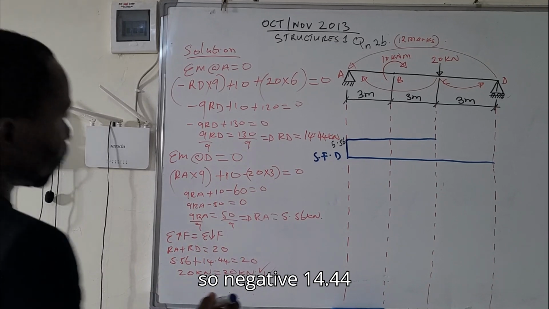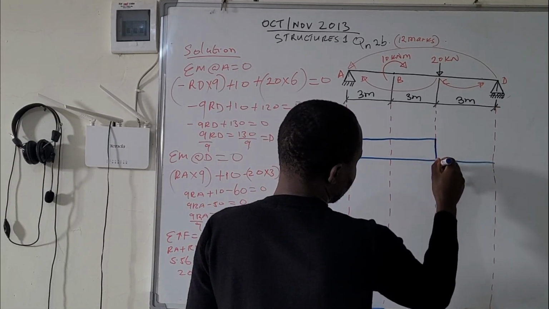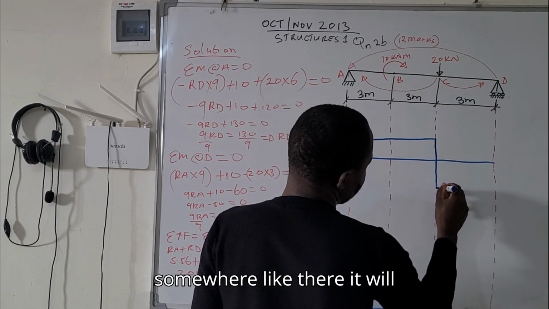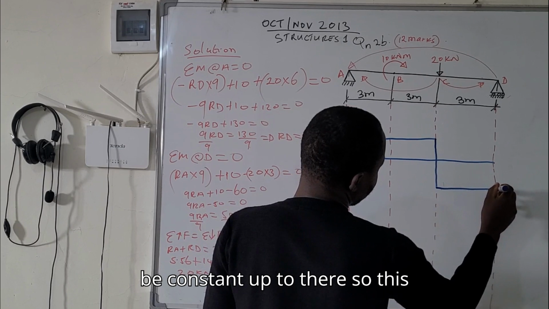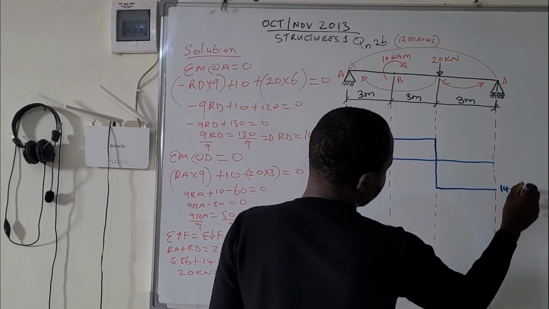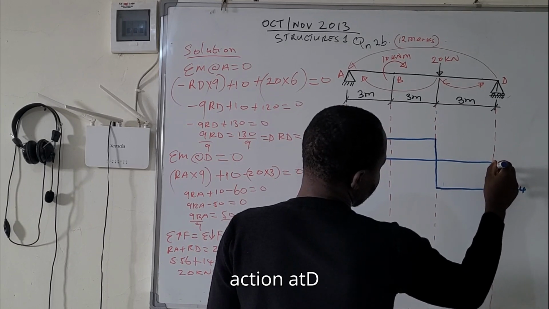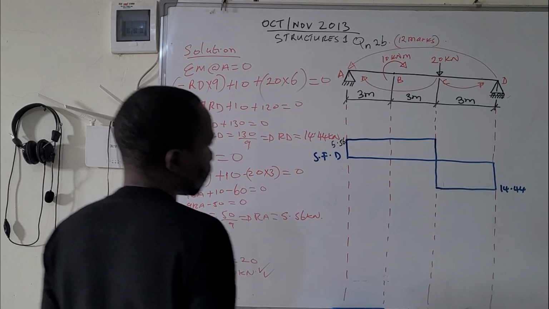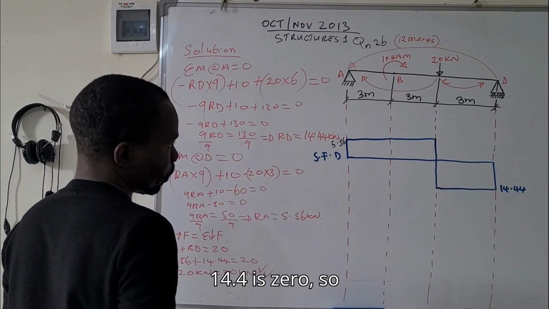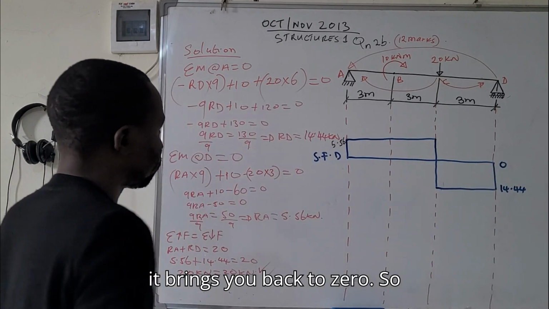So negative 14.44, somewhere like there, it will be constant up to there. Then negative 14.44 plus reaction at D, which is 14.44, is 0. So it brings you back to 0.